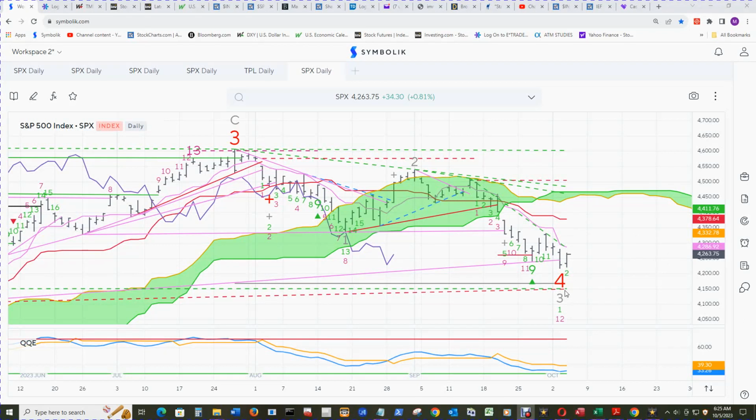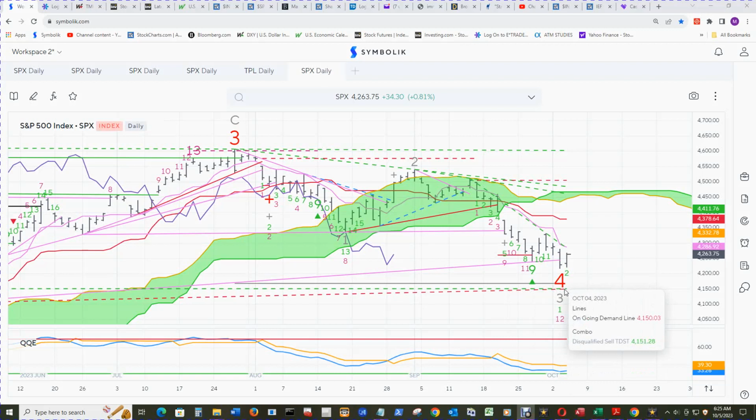and head south with a vengeance, and this ongoing demand line 4150.54 for today. Get a close below that end of day today, and this ongoing demand line will become qualified.